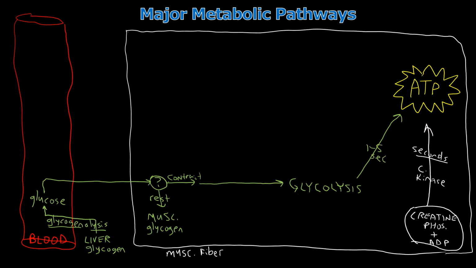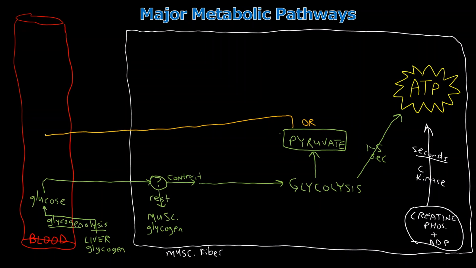Okay. Now, another product we get out of this is something called pyruvate. So I'm going to spell that out real quick. Pyruvate. All right, and once we get to this pyruvate, we have some options. Are we oxygen rich or oxygen poor? So let's do this first.